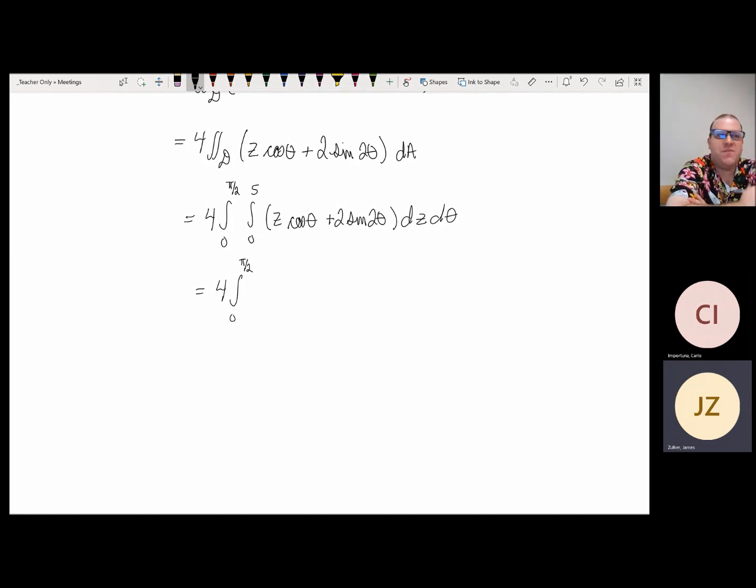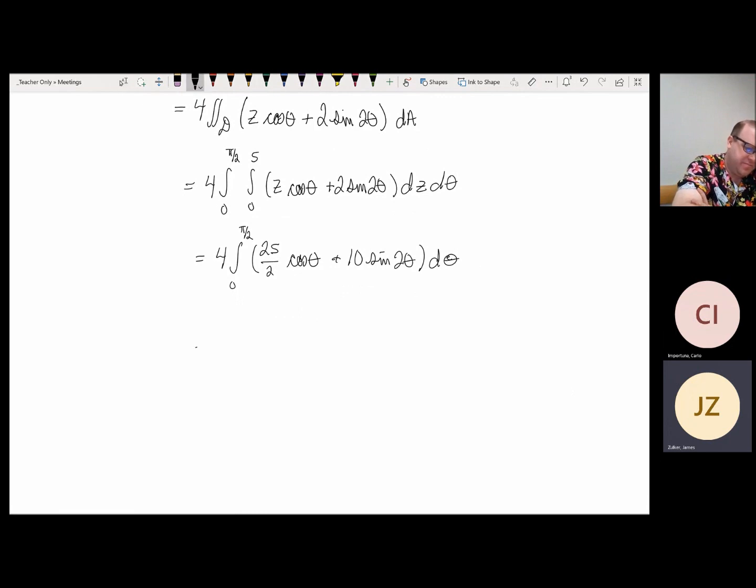Z squared over 2 from 0 to 5 is 25 halves. That second term didn't have a Z in it, so it's just going to be that term times the length of the interval. Antiderivative of cosine is sine. Sine evaluated from 0 to pi over 2 is 1. Antiderivative of sine of 2 theta would be negative a half cosine 2 theta.